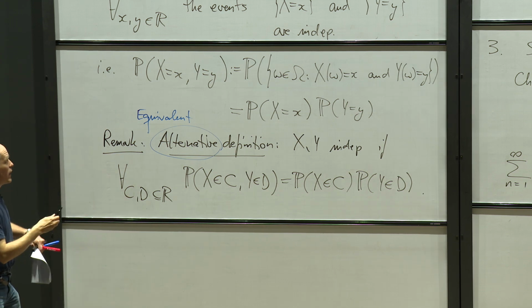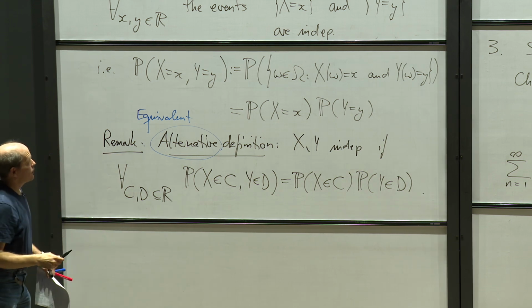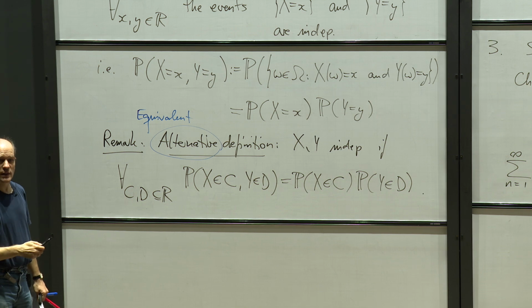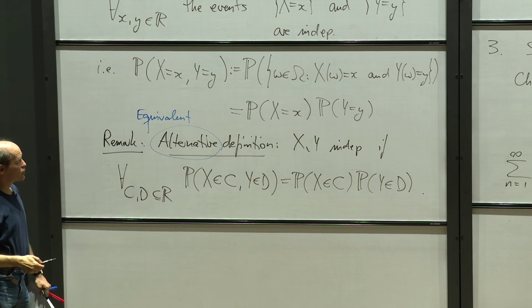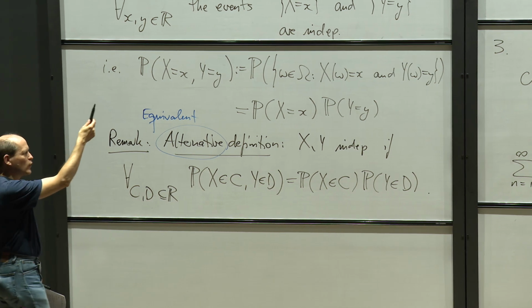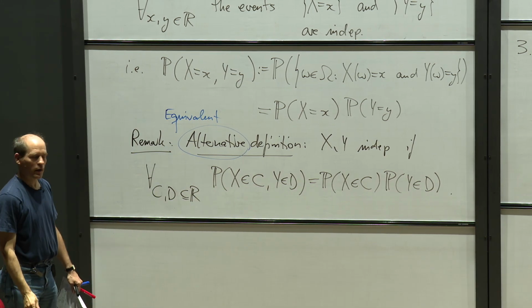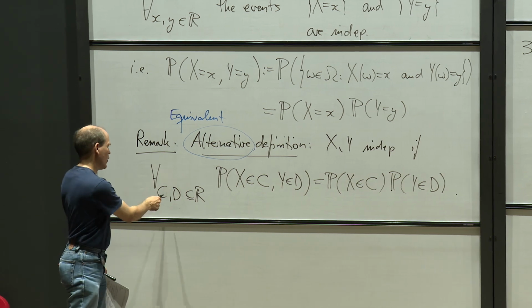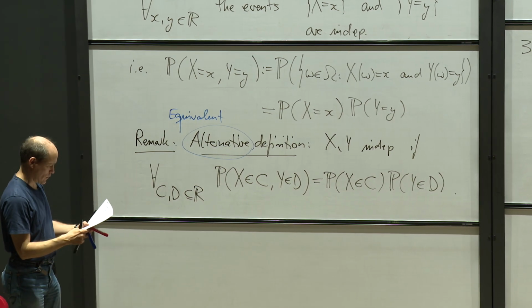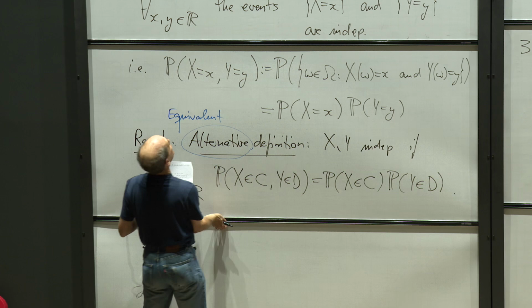You are showing that random variables are independent in the sense of the definition if and only if they satisfy this criterion involving all the subsets of the real line.